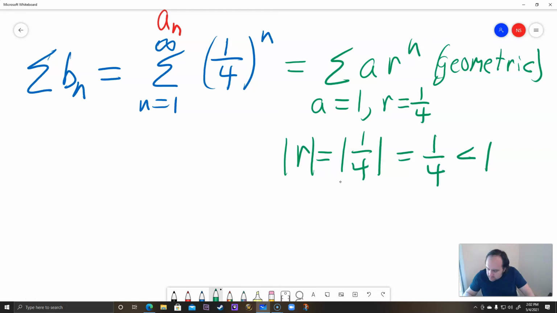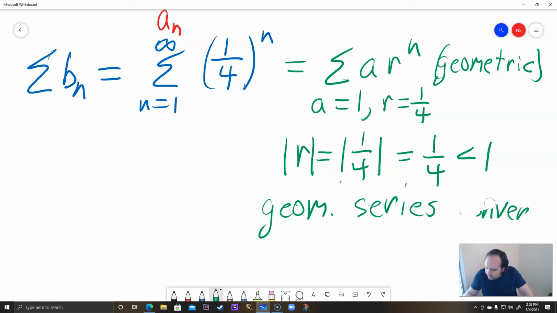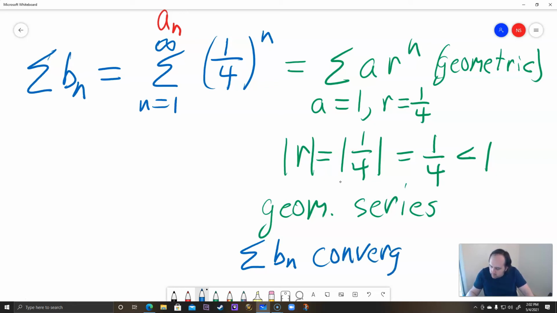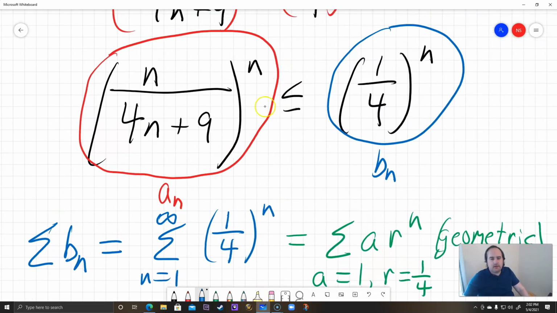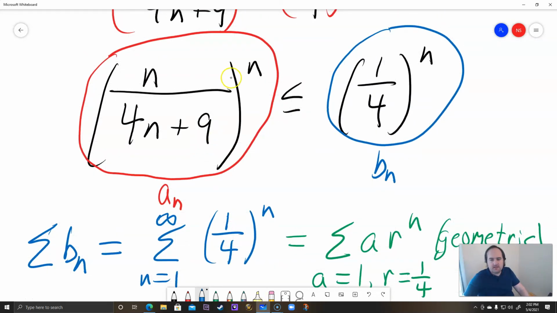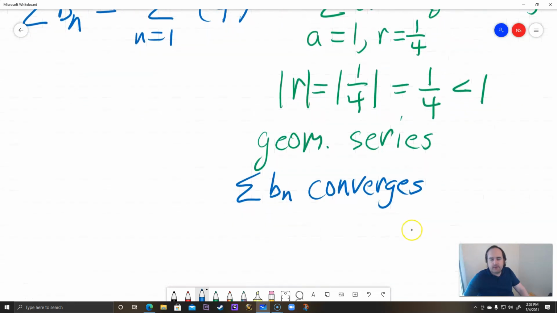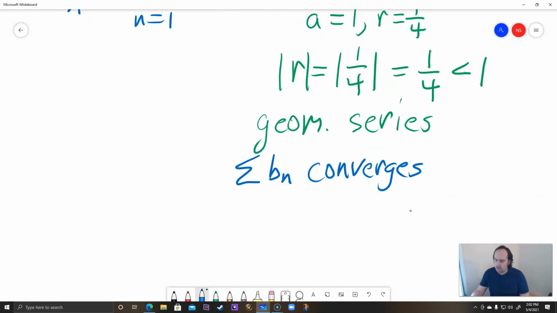So the geometric series, the sum of b sub n, converges. But then by the direct comparison test, since a sub n is less than or equal to b sub n, that means the sum of a sub n also converges.